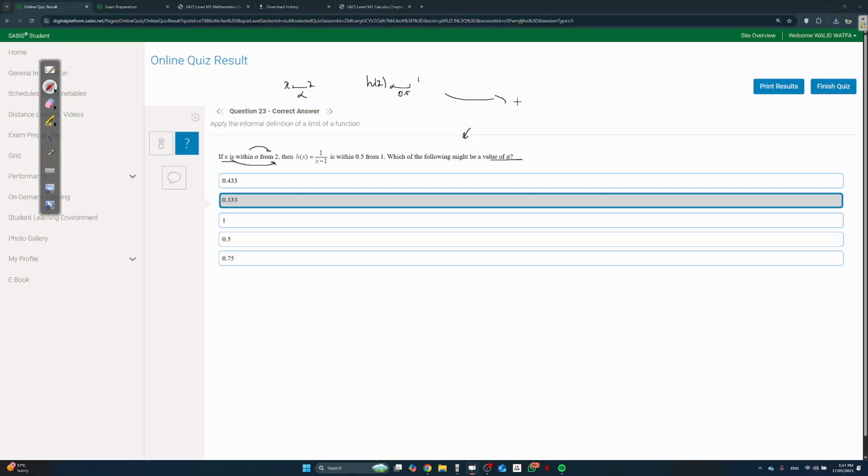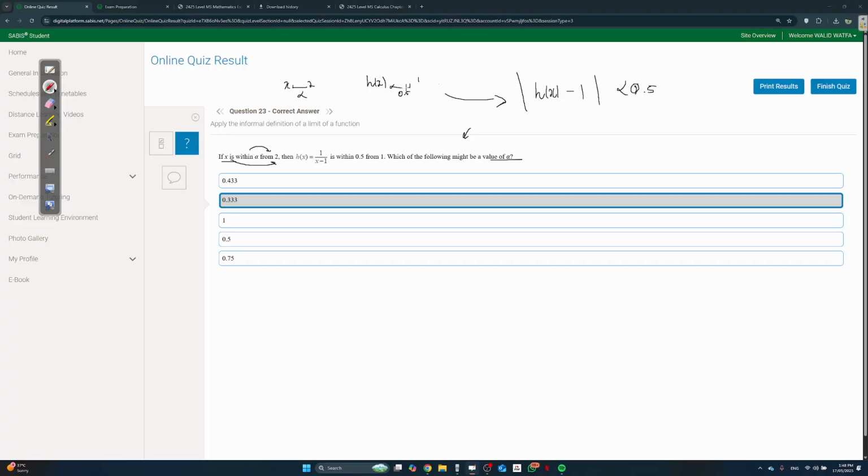Over here, I'm going to give you the general method of solving this, and you just follow this in the exam. Very silly, you're never going to see anything like this when working with math. But anyway, you start by saying, since h of x and 1 are 0.5 units apart, that means the absolute value of h of x minus 1 will be less than 0.5.